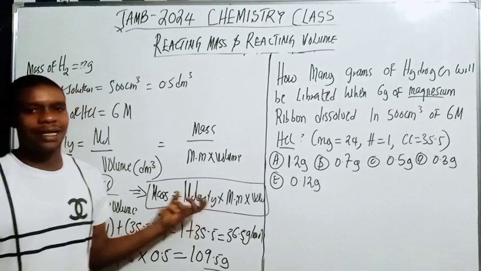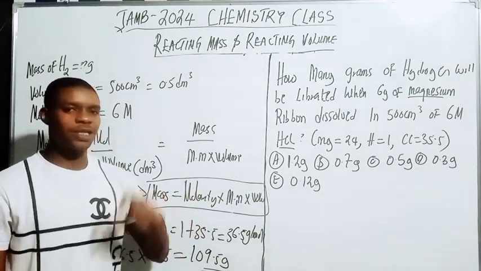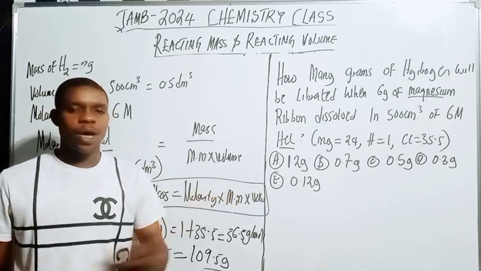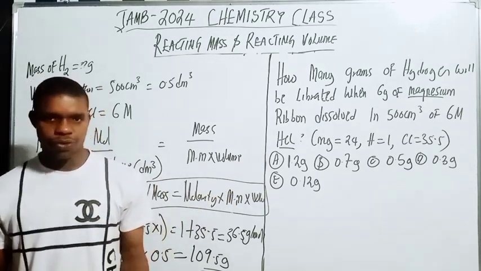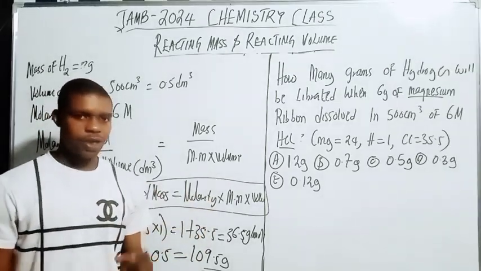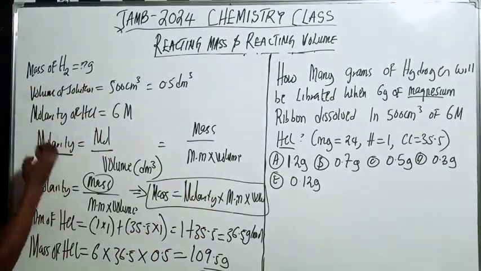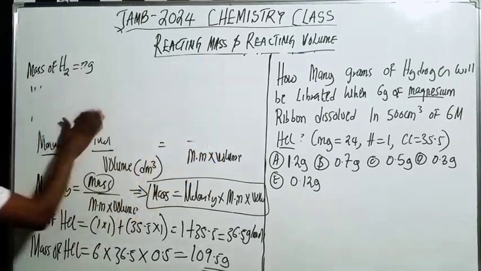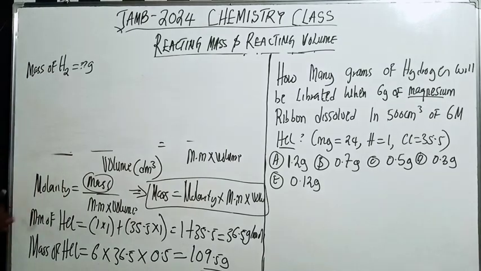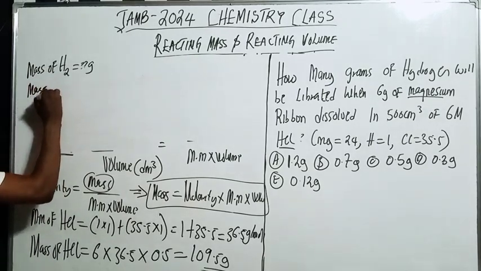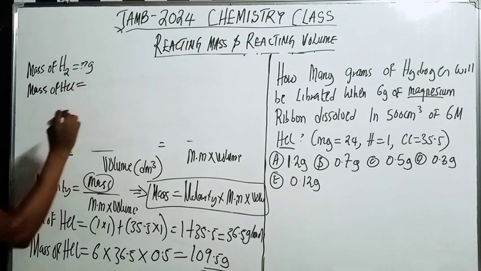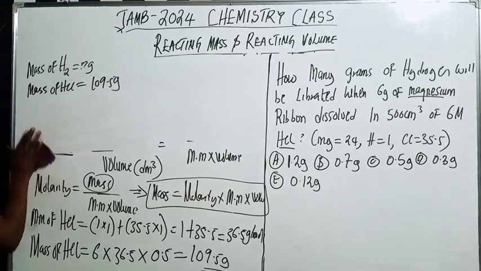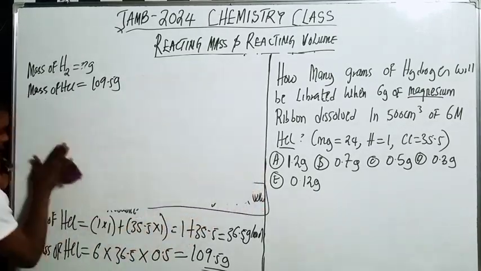You always see questions under this in your exam, when they ask you to calculate the molarity of a compound when the mass and volume are given to you. So use this formula. It means that I have achieved my first point here. So that is my mass of HCl: 109.5 gram.